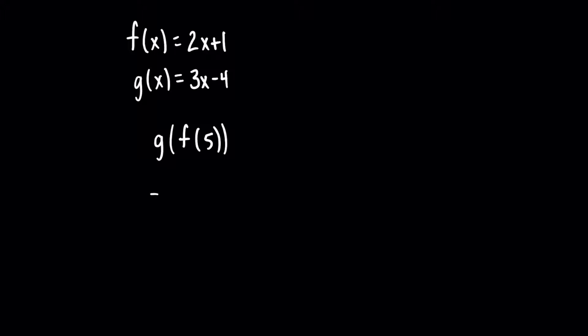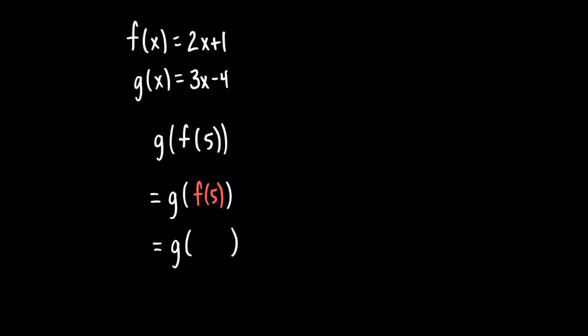So the way I want you to think about this is I want you to think of g as its own function, and I want you to think of f of 5 as its own thing. And so what we're going to do is we're going to evaluate, right? Hopefully you're used to that terminology. Now we're going to evaluate f of 5. So we're going to do g of, and then whatever f of 5 is, we know f of 5 is just a number. Then we'll put that red number in right here in this blank spot.